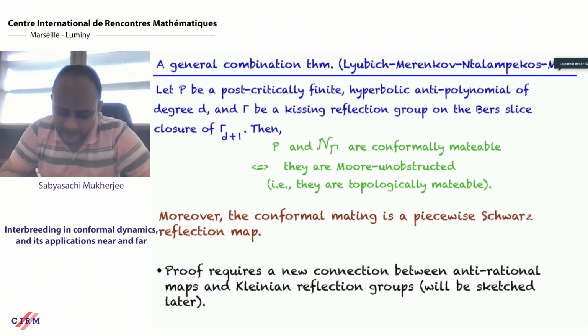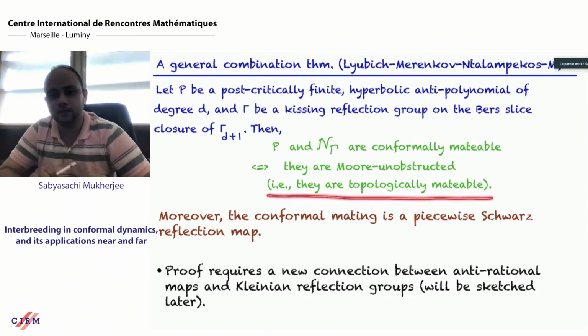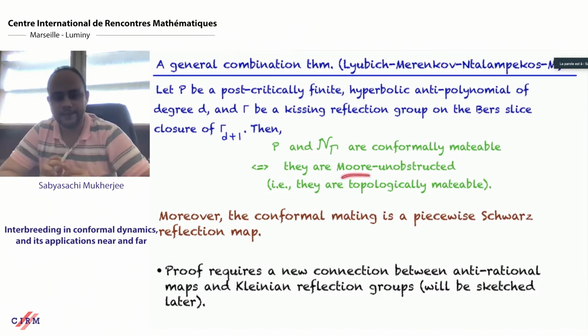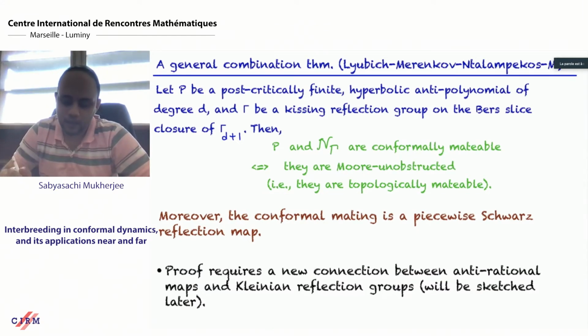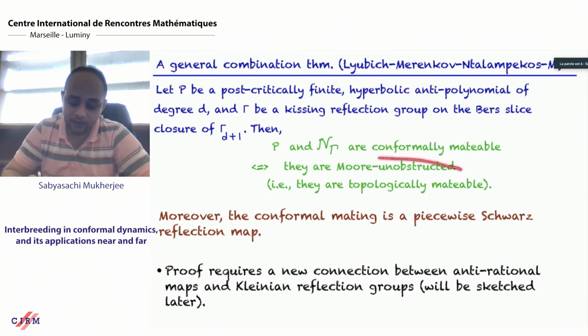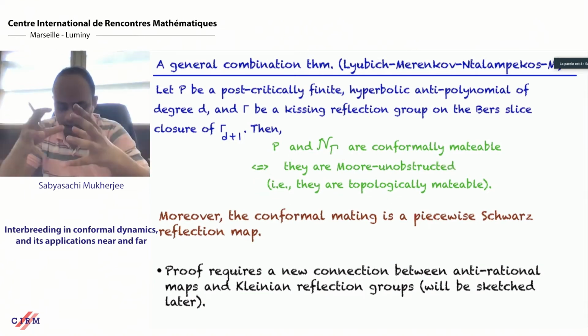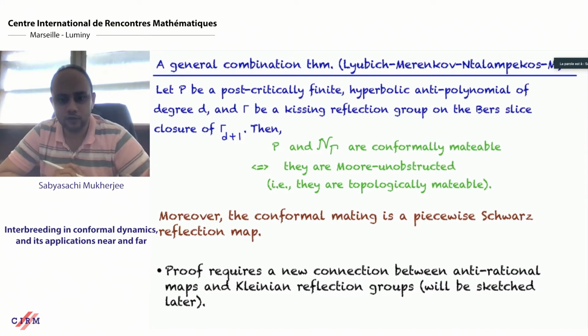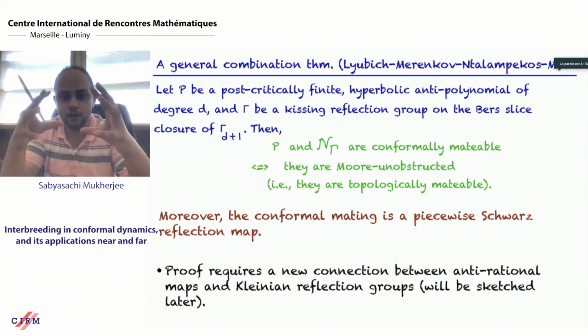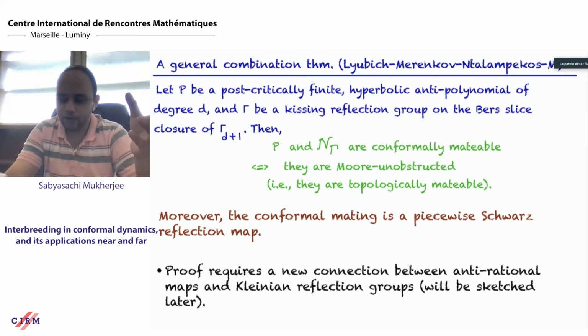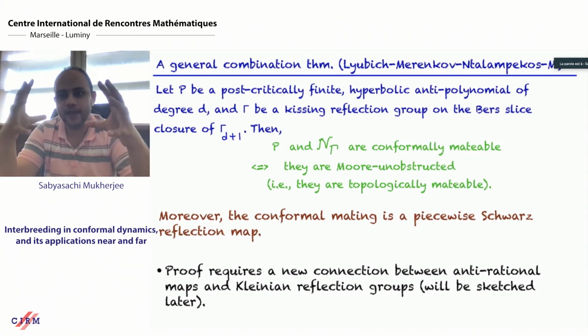So I should say a word on topological mateability, or Moore obstruction, of these guys. In fact, the definition of this topological mating is exactly how the Douady-Hubbard mating of two polynomials goes. Instead of taking two polynomials, you're taking a polynomial restricted to its filled Julia set and a Nielsen map of a reflection group restricted to its filled limit set.